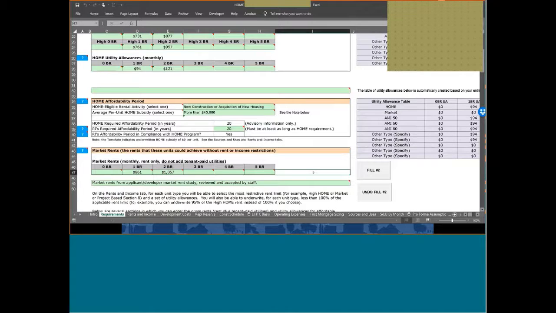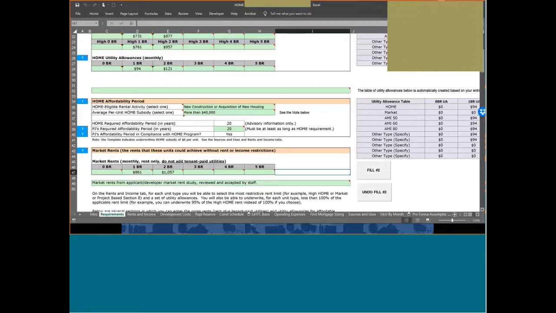You should always note your market rent, if for no better reason than to demonstrate that your proposed affordable rents are below market. And it's not always the case. It's possible, it does happen, that the market rents are actually lower than the affordable rents.